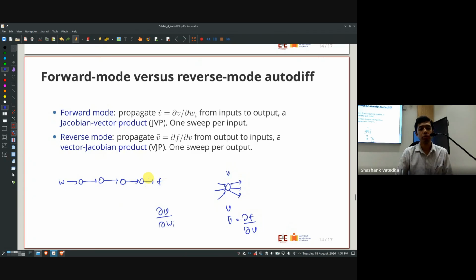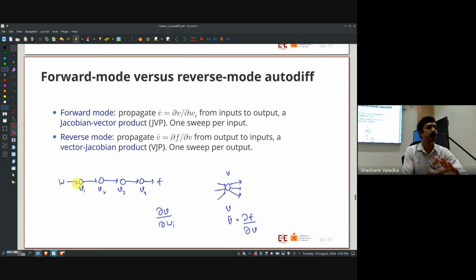Let me call them v1, v2, v3, v4. In reverse mode, you found the partial derivative of f with respect to v4, then with respect to v3, then v2, and then v1.